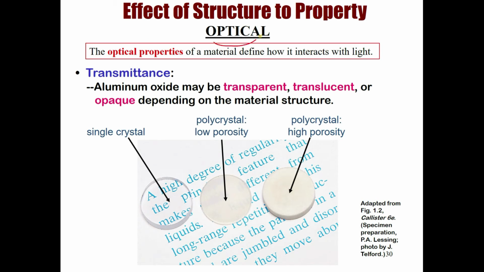Effect to the optical property, the material interaction with light. So you see all of this is aluminum oxide. However, this aluminum oxide can become transparent, this one translucent, or opaque depending on the material structure.